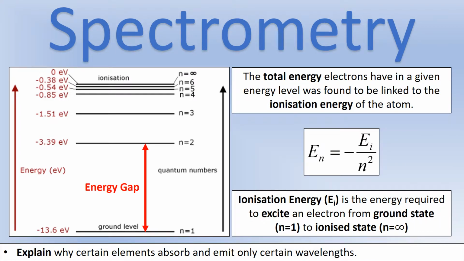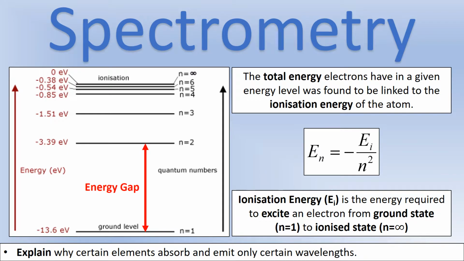What we found was that the total energy electrons have at a given level, which you can see on the left next to each energy level, is linked to the ionization energy of the atom. If you know the amount of energy it takes to excite an electron from ground state to ionized state, you can figure out how much energy each of the quantum levels has as well.